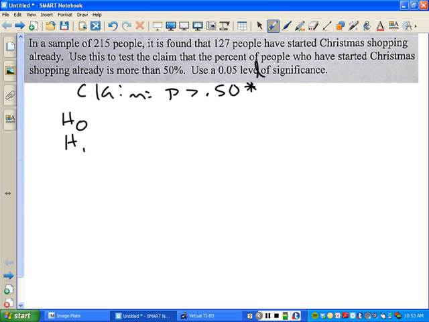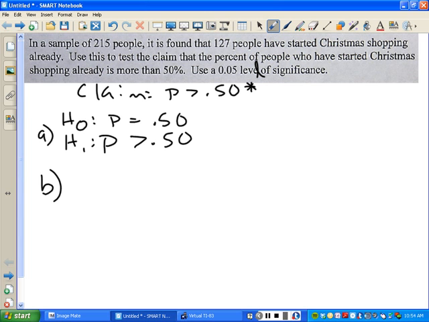But if it doesn't have an equal sign, then it has to be H1, P is greater than 0.50 here. So if that's H1, what's H0? P is going to be equal to 0.50. So that's step A, to identify H0 and H1.